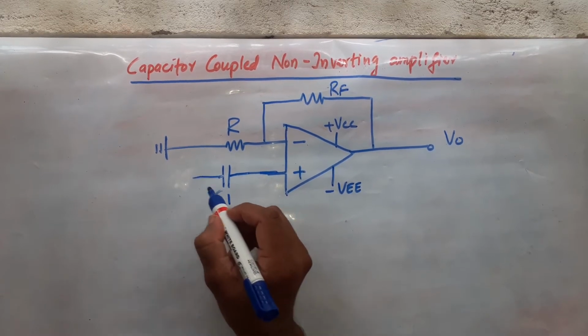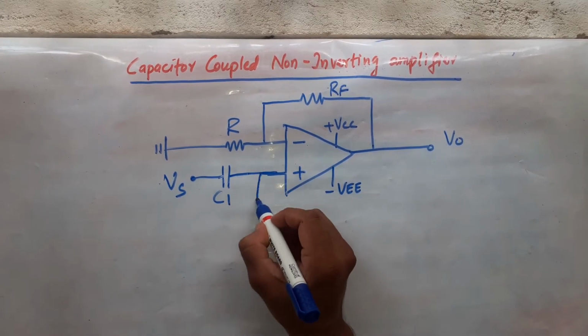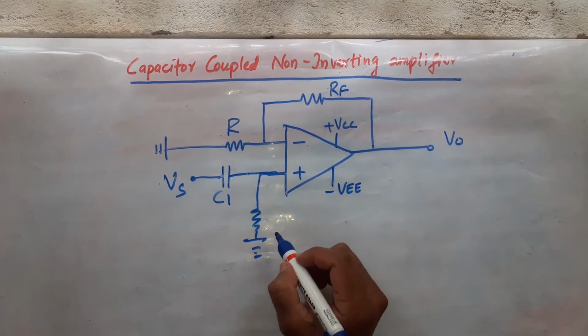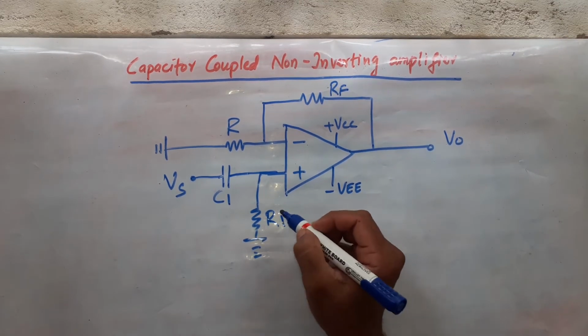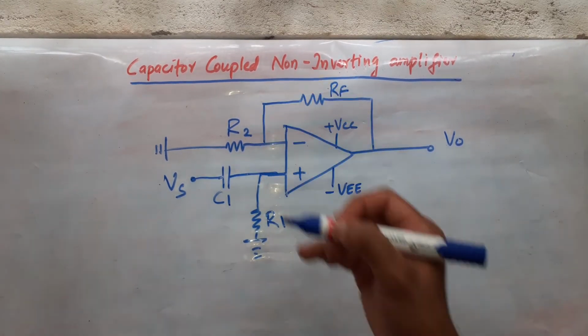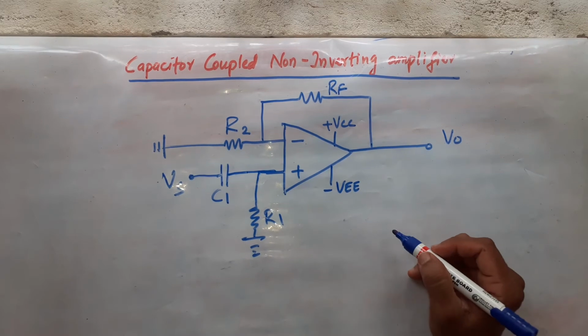This will be C1. This is your supply voltage. Here you will be having a small resistor called R1. If this is R1, this can be R2. You can also interchange their names. This can also be R1 and R2. Position is important, not the name.